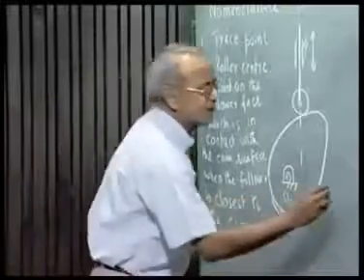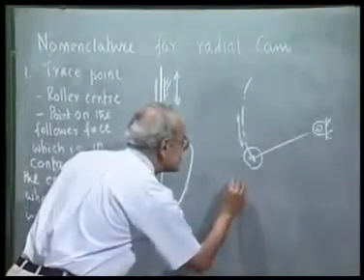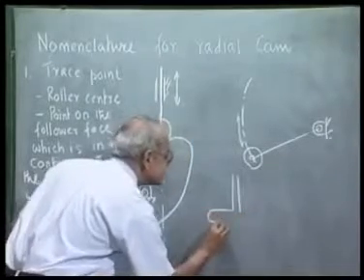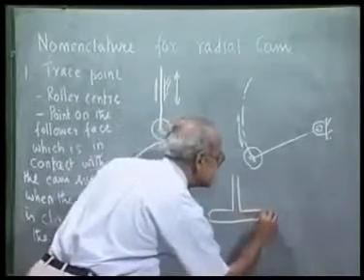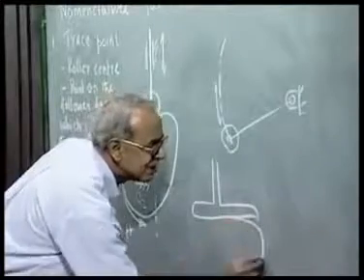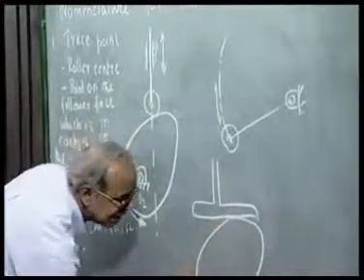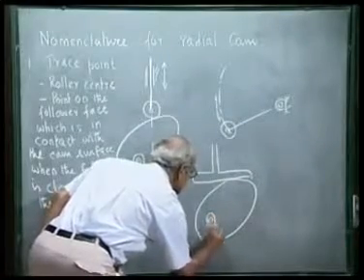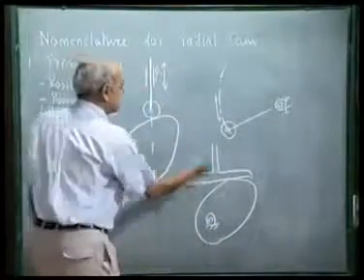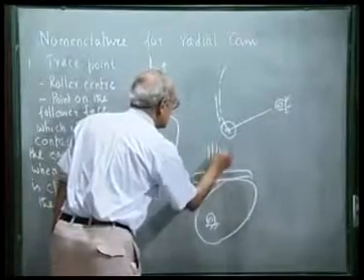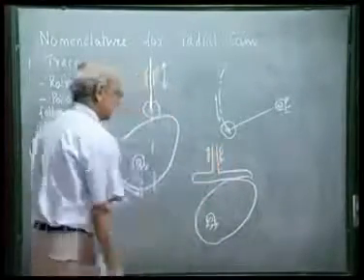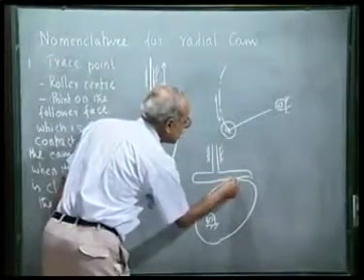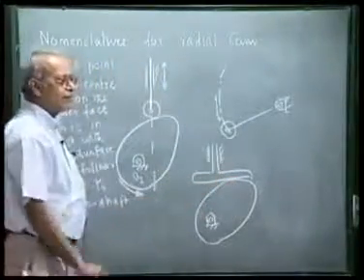As we see in the case of a flat face follower, at this instant, it is this particular point of the follower face that is in contact with the cam surface.